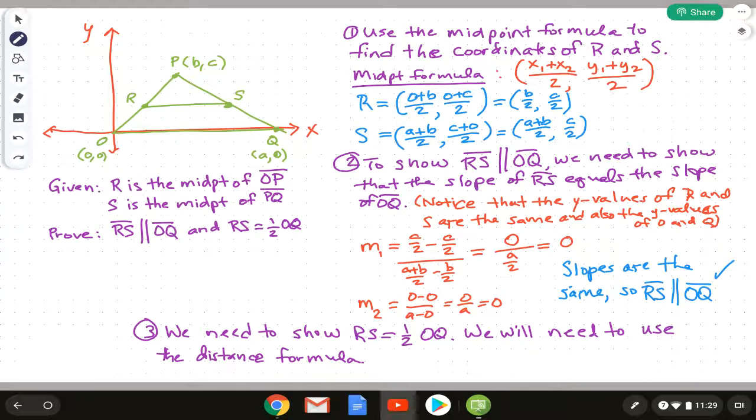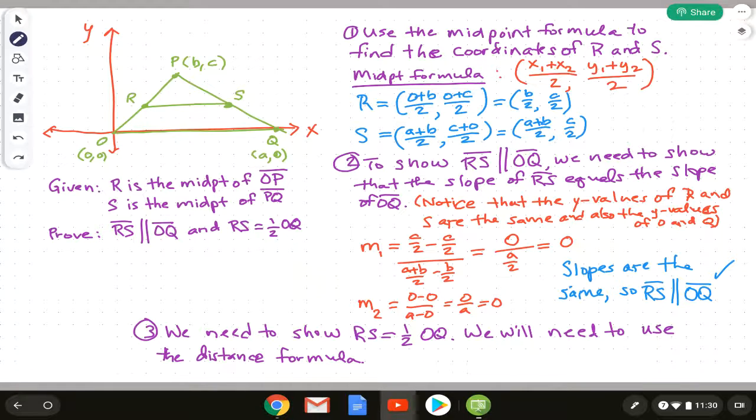So RS is a mid-segment. What we're trying to prove is that the line RS is parallel to the line OQ, and also that the length of RS is equal to 1/2 the length of OQ.